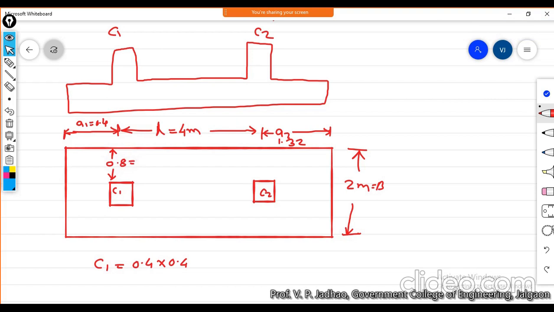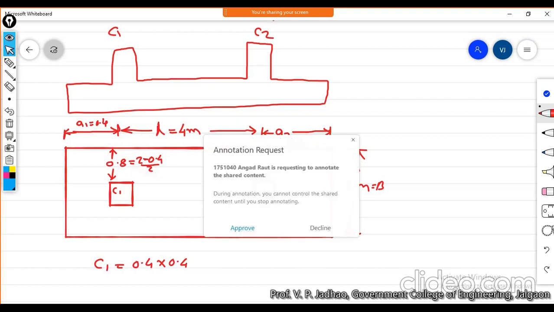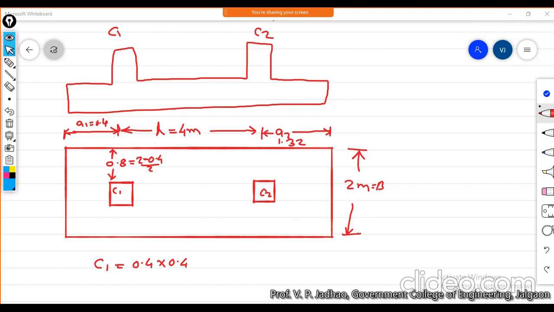And this distance will be 2 minus 0.5 divided by 2, which comes out to be 0.75 meter.